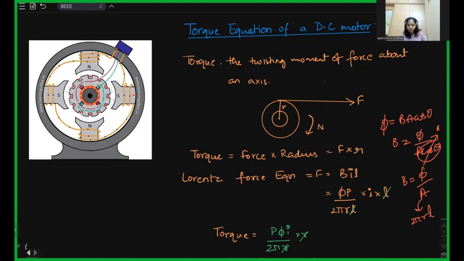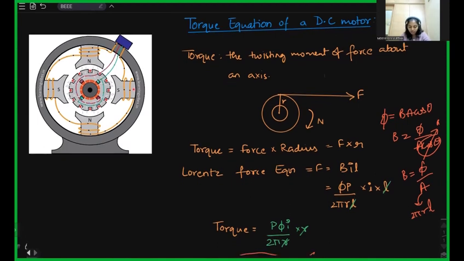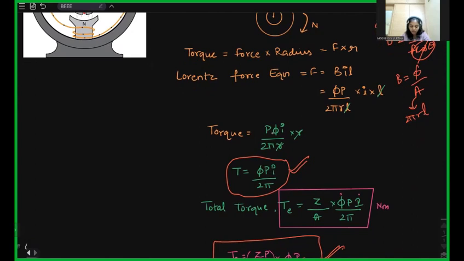So 2 pi RL, and phi, and P is the number of poles as we have discussed before, and you have I and L. Solving this, what you'll get is P phi I by 2 pi R. And substituting this in the torque equation, which is F into R, so P phi I by 2 pi R into R, where R gets cancelled. And this is the actual torque equation you'll get.